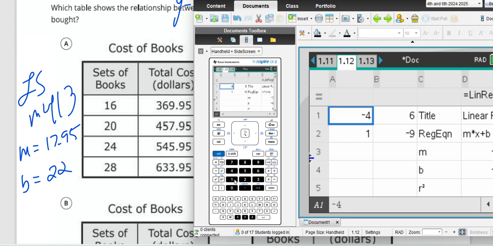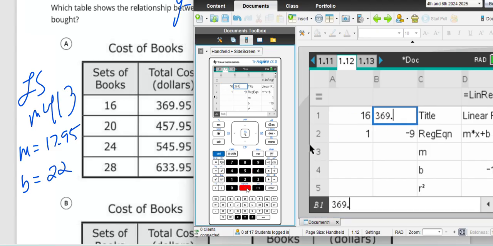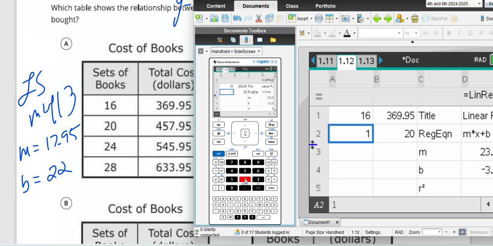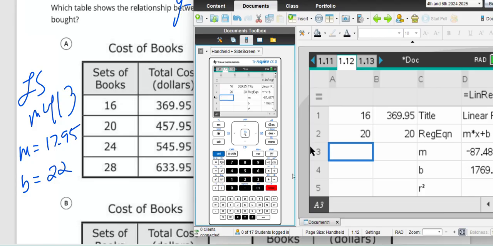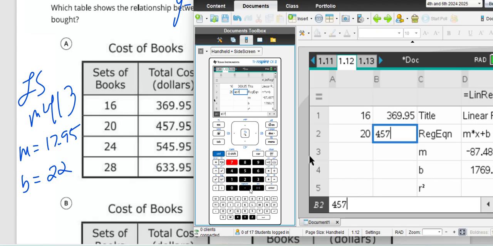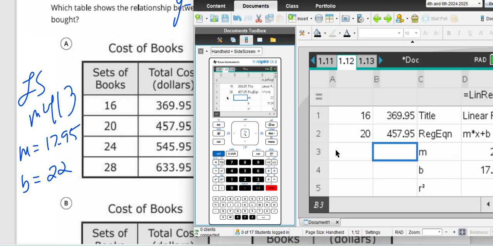So we're going to go with 16 and 369.95, 20 here, and 457.95. So these are actually reversed. You see, you want the M to be 17.95, and this is reversed.